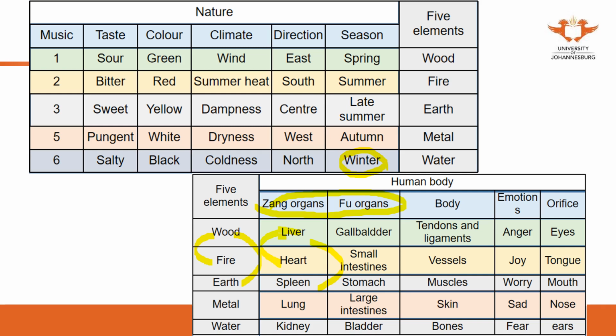That's also because of the relationship of these 5 elements. Sometimes they can help each other, sometimes they will make each other worse. That's why we need to study the 5 elements.